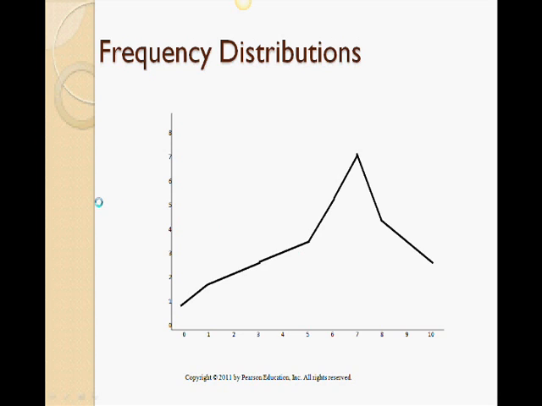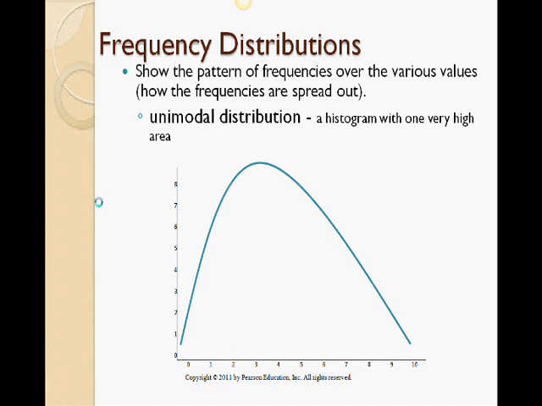Now, some characteristics of frequency distributions. One is its modality. This is an example of a unimodal distribution. What unimodal means is that there's only one high point in the distribution. So here it looks about 3, the value with the highest frequency is 3.